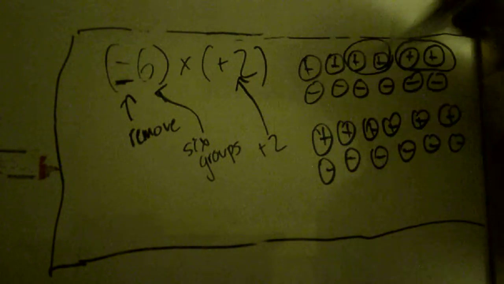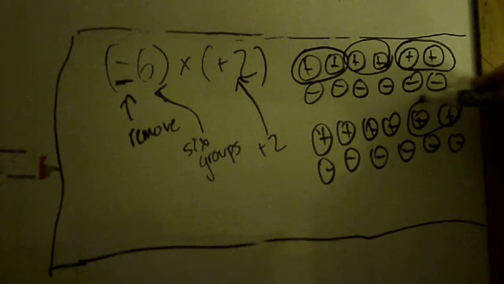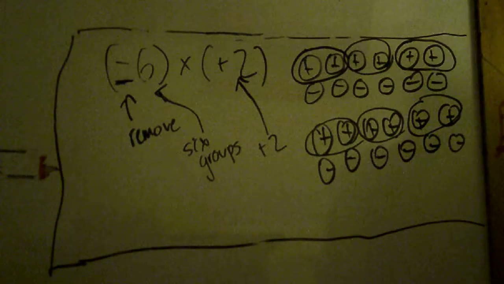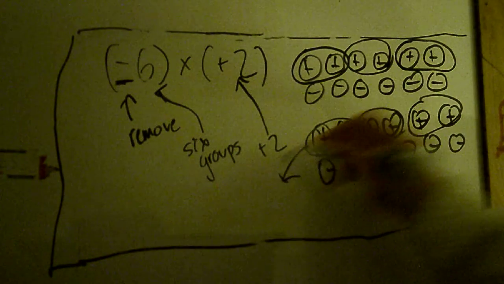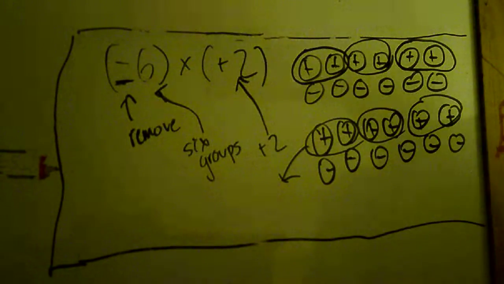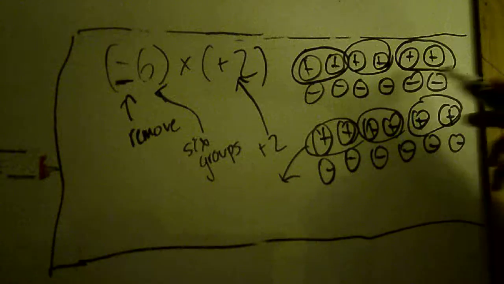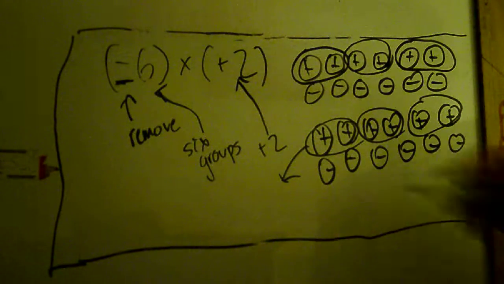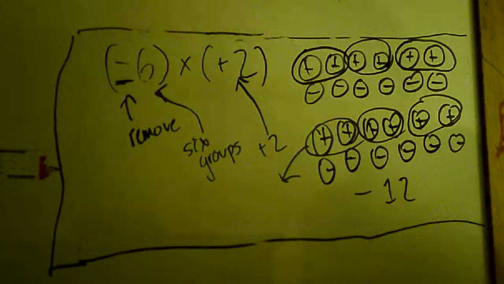We need another group, and another group of positive 2, and another group of positive 2, and another group of positive 2. So we remove all of these groups that we circled, and then we count what's left. 1, 2, 3, 4, 5, 6, 7, 8, 9, 10, 11, 12. Negative 12. So now we know that the answer is negative 12.